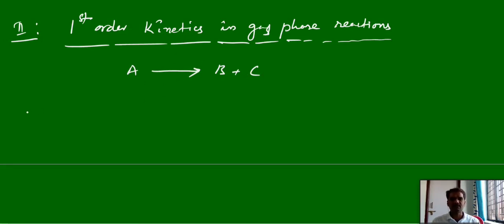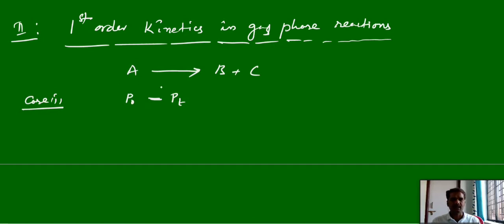Sometimes they will give questions like this. Case 1: they may give the initial pressure, that is P naught, and after that the pressure of the reactant A at a time t, that is Pt.